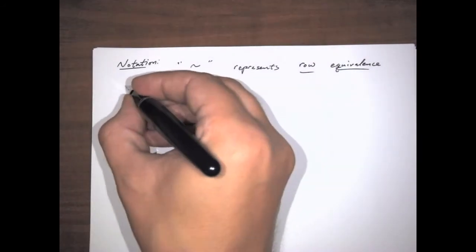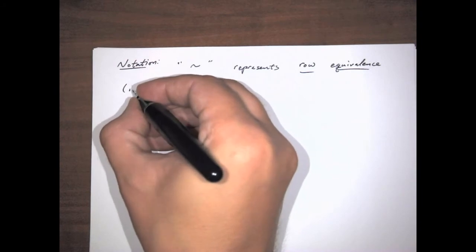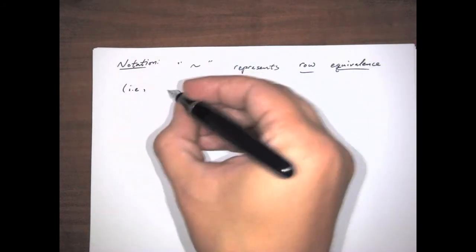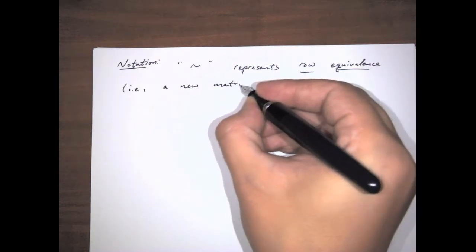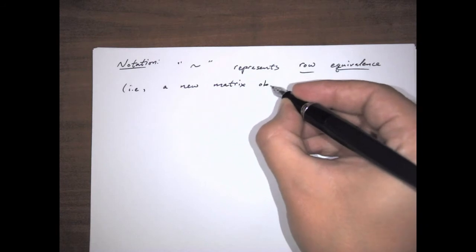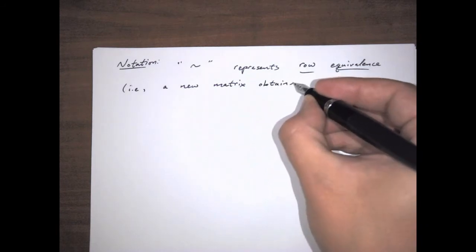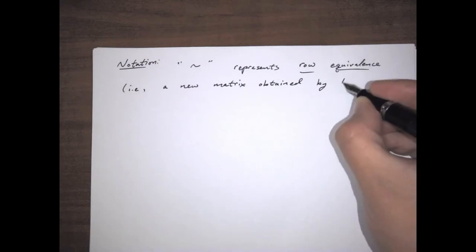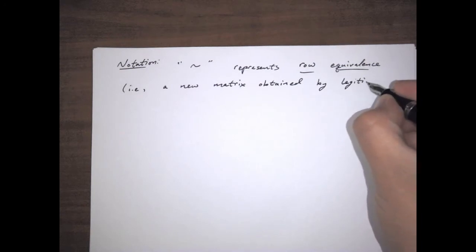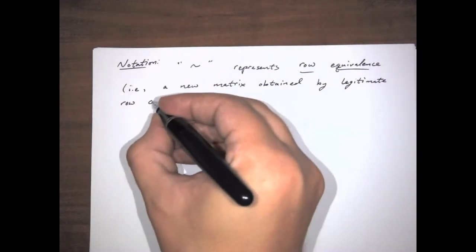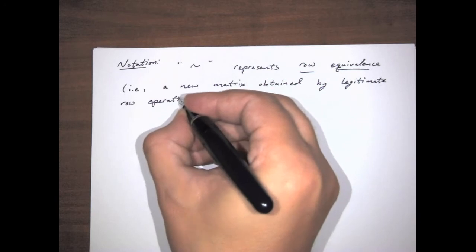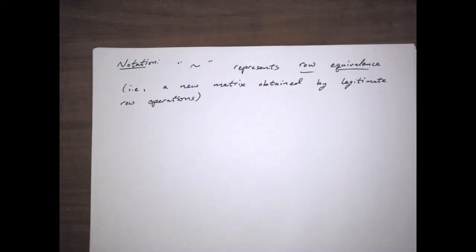So row equivalence, in other words, a new matrix obtained by legitimate row operations.